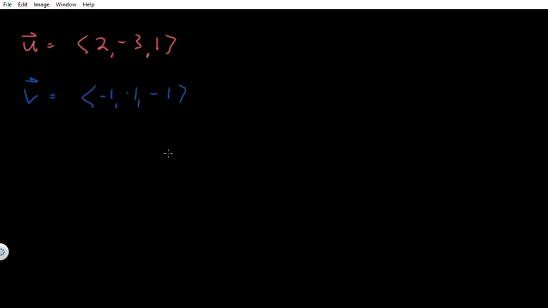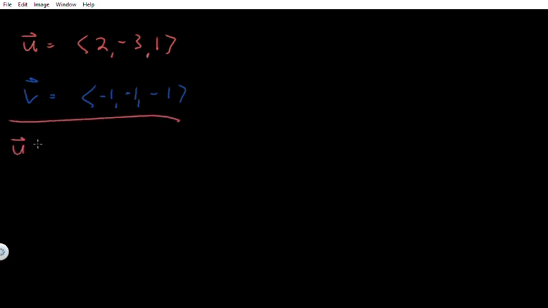Well, looking at them, they don't seem to be scalar multiples of one another, so they can't be parallel, so we can rule that option out. Next, we're going to check with the dot product to see if their dot product is 0.